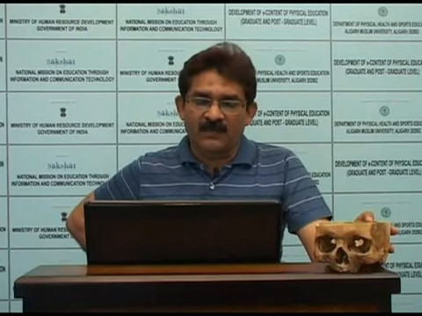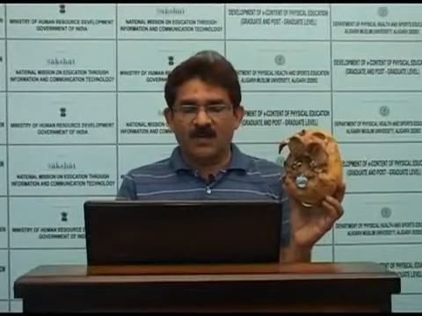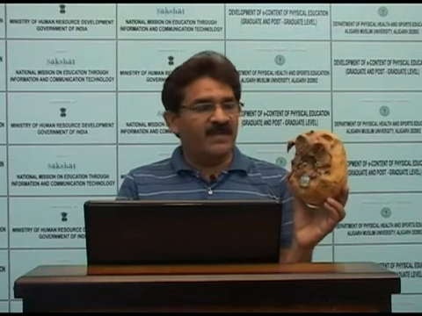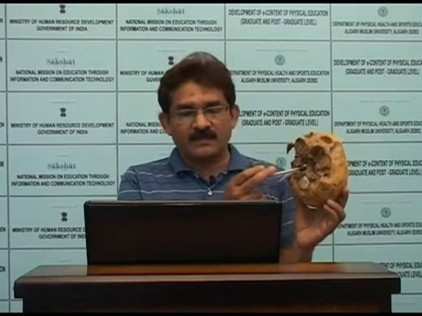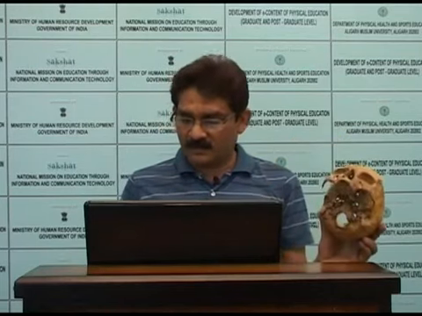Basilar portion presents a small tubercle, the pharyngeal tubercle, for attachment of the pharyngeal constrictor. Foramen lacerum, jagged in shape, is located just lateral to the basilar portion.